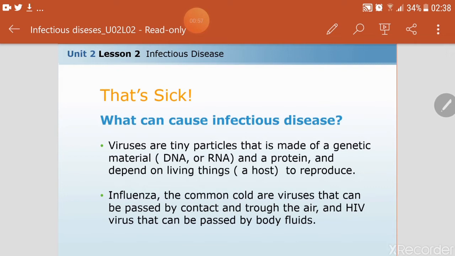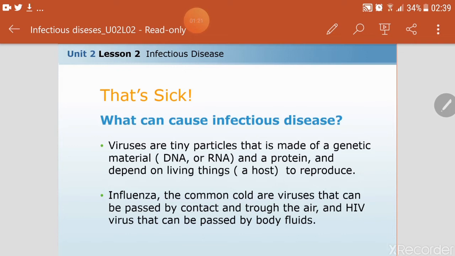They don't get the energy by themselves, or they don't get the nutrients by themselves. They don't have all the components of the cell, beside the very important difference that they don't maintain homeostasis, plus they don't reproduce by themselves.